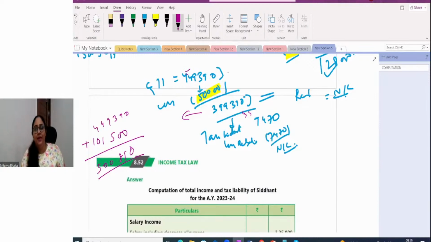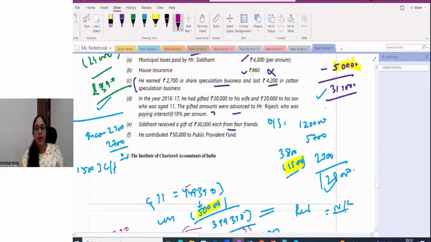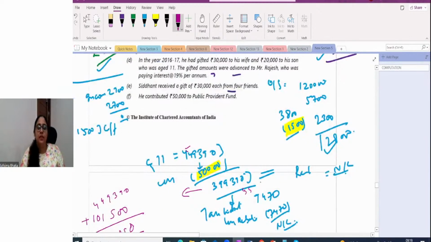If you are taking 449,390, then just add back 50,000 plus 1,500. If you're taking 399,390, then add back 1 lakh 1,500. Sometimes your mind just messes up. Sorry.